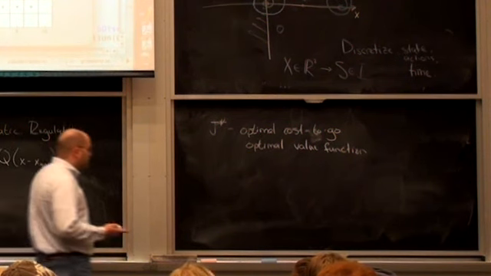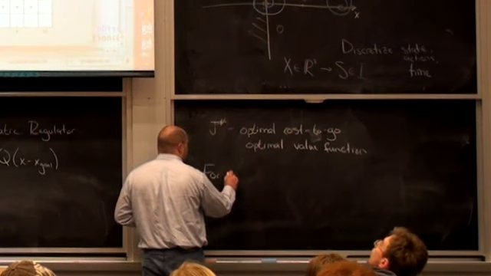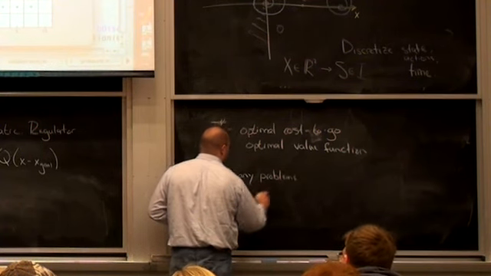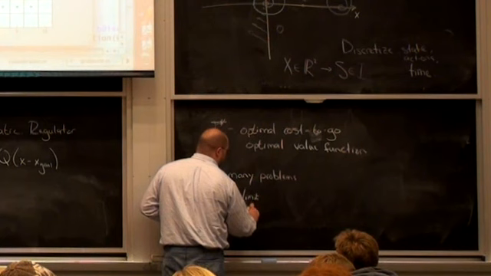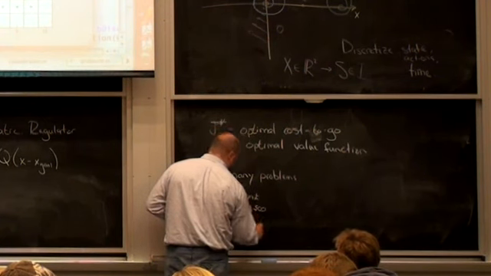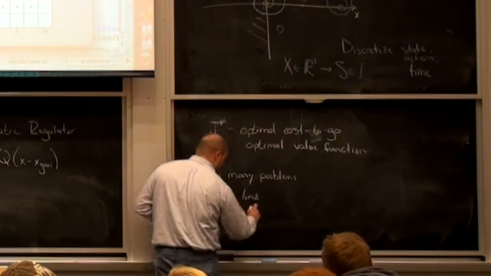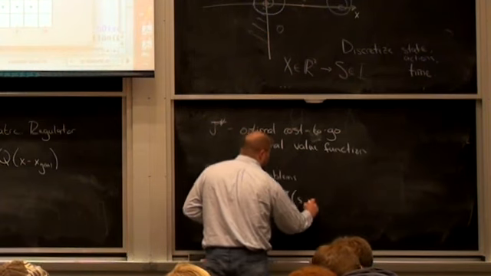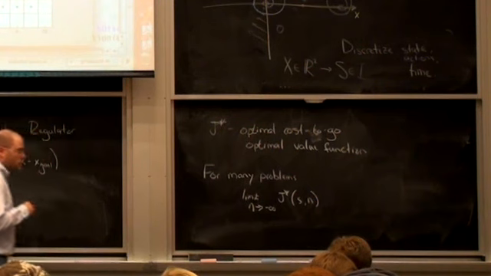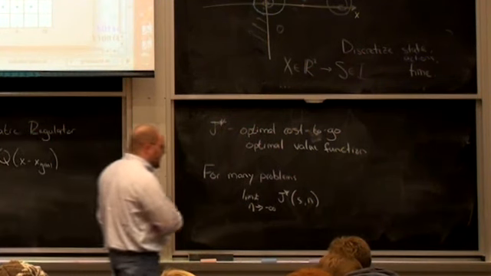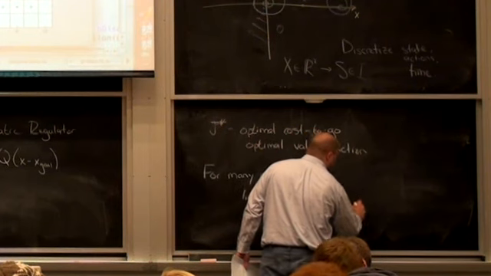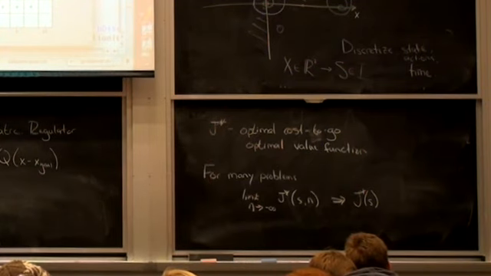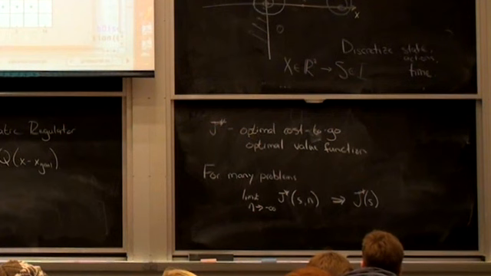Okay, the other thing that we saw is that for many problems, the limit as n goes to sort of negative infinity, I know that's a silly thing to say, I guess, but a lot of times this thing actually goes to some well-posed J star. It doesn't have to, right? Sometimes it blows up.